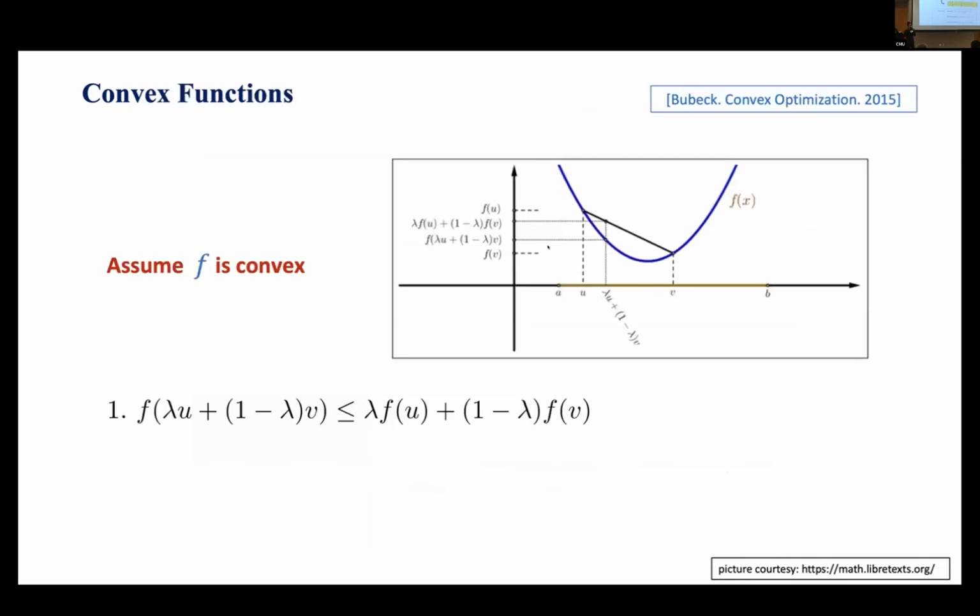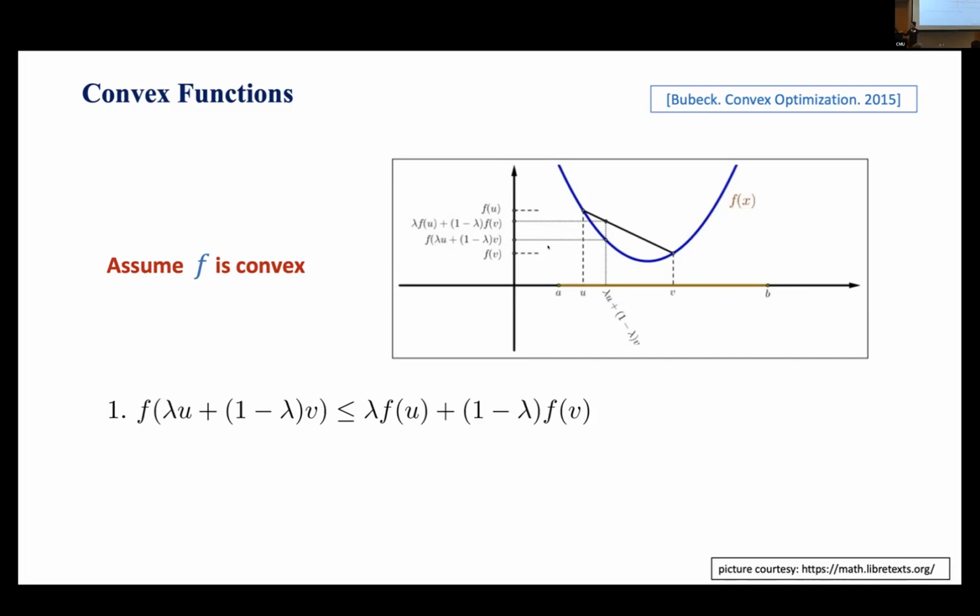For those who are not aware of convex functions, it just says that for any convex function, if you take a convex combination of 2 points, the average value is going to be larger than the function value at the average.